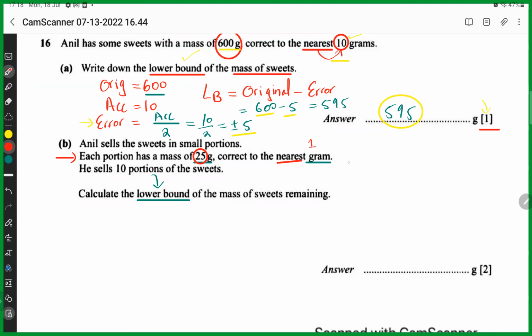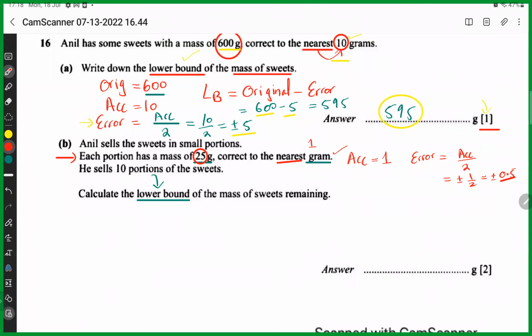So accuracy is 1, and the error is going to be accuracy divided by 2. So this would give you plus minus 1 by 2, and it would be plus minus 0.5. This is just the error for this part.